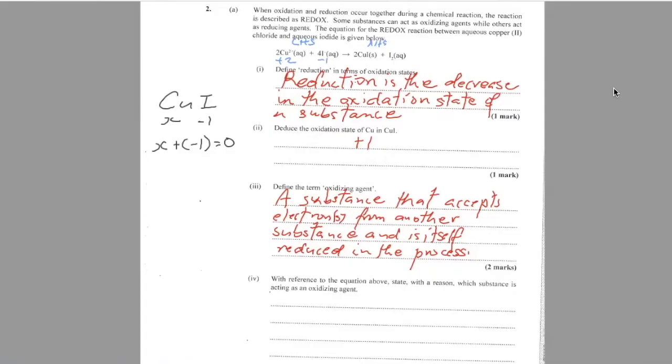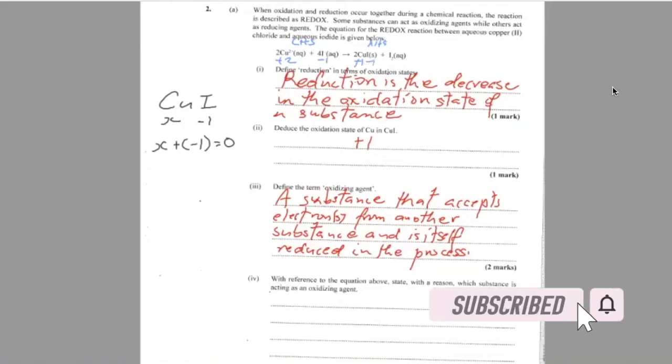Now let's look at what is happening over the right-hand side. The copper in copper iodide, as we stated earlier, the oxidation state is +1, and the iodide itself in copper iodide is -1. The iodine there is elemental iodine, though it's in the presence of aqueous medium, presence of water, it's 0.